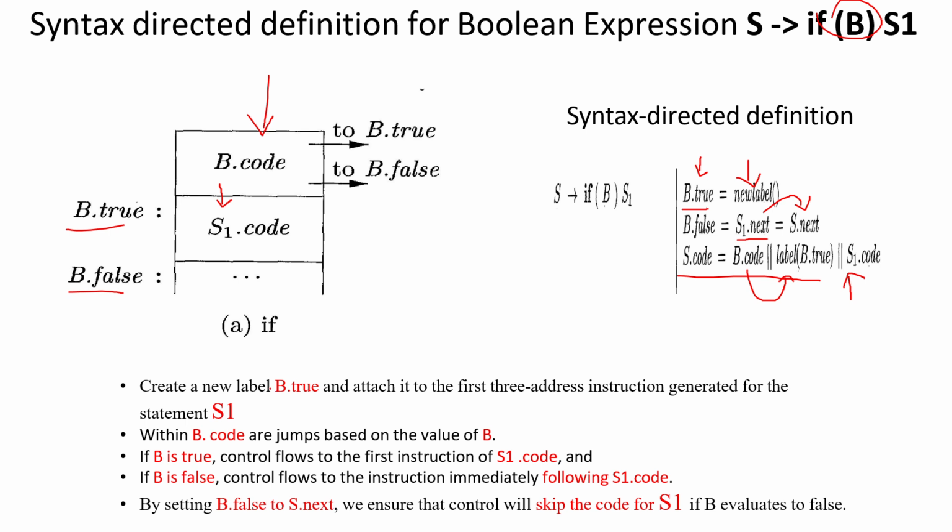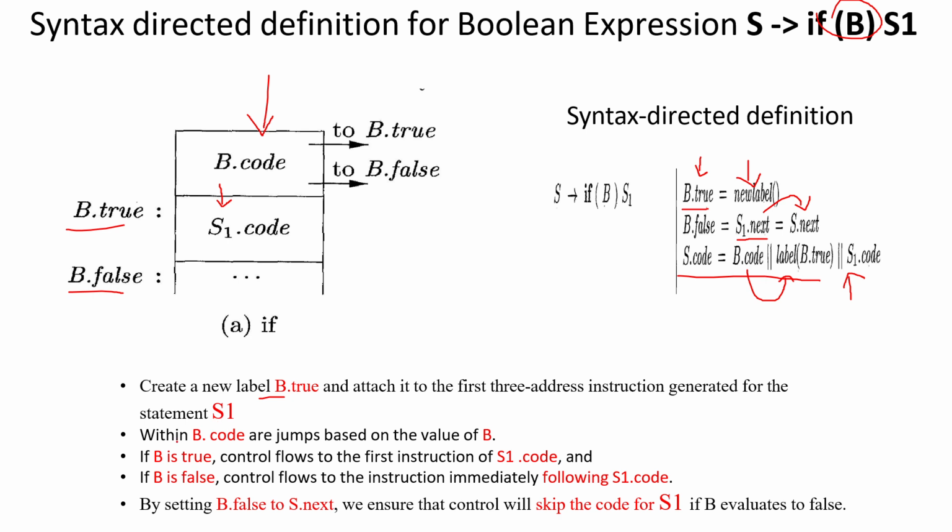So we create a new label B dot true and attach it to the first three address instruction generated for the statement S1.